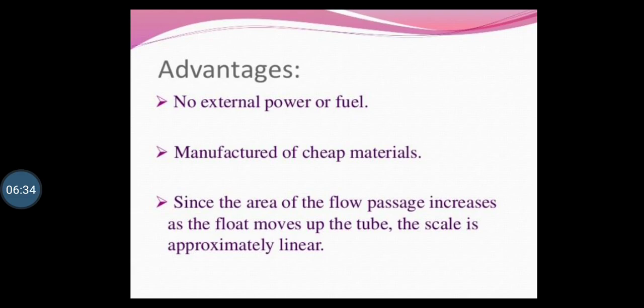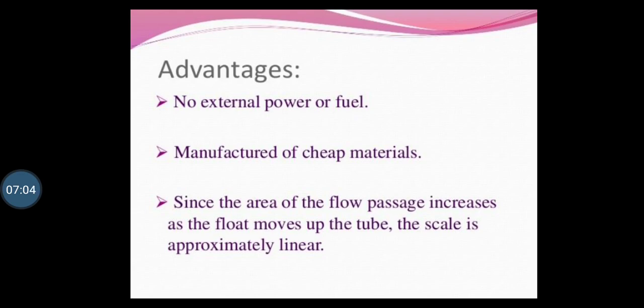Since the area of flow passage increases as the float moves up the tube, the scale is approximately linear. I would like to add some more advantage here, that we can directly see the process, as the glass tube is transparent and there is no need of external source for reading purpose, as scale is directly mounted on the tapered glass tube.